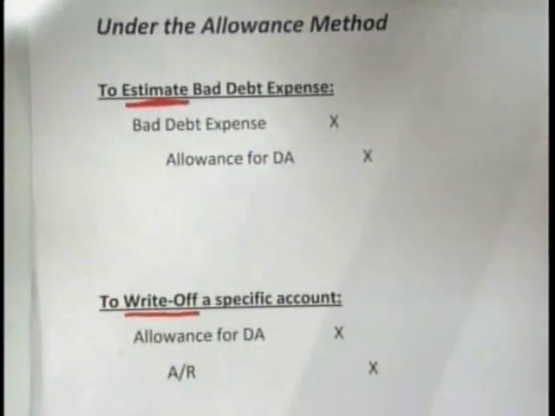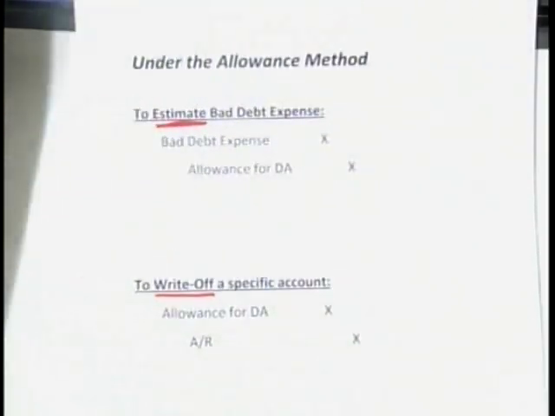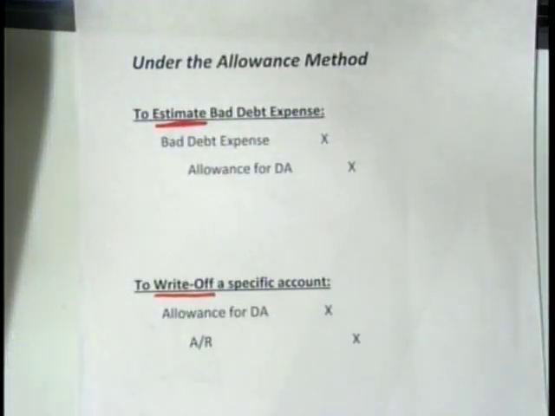No problems there? Once again, I just can't emphasize enough this guy right here. You need to know this. Under the allowance method, to estimate bad debt expense, that's the journal entry. To write off a specific account, the lower one is the journal entry. You with me?